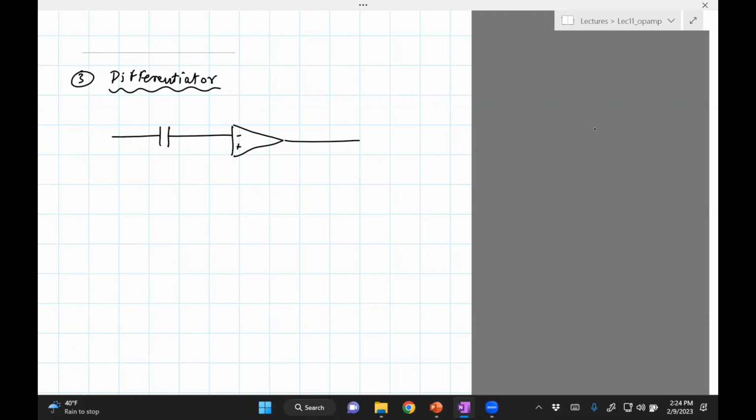Capacitor connected to a voltage source. We feed back the output through a resistor through the inverting input, and then the non-inverting input is grounded.